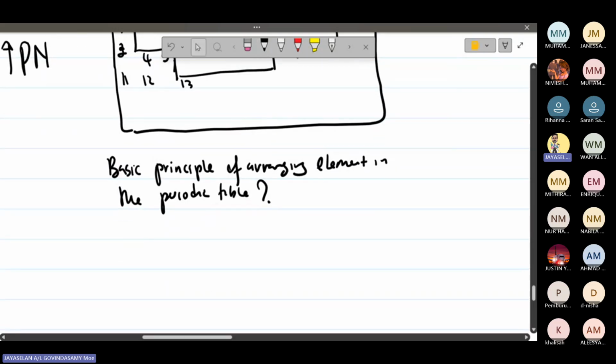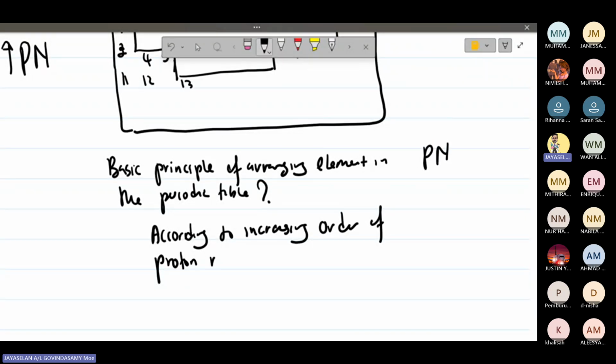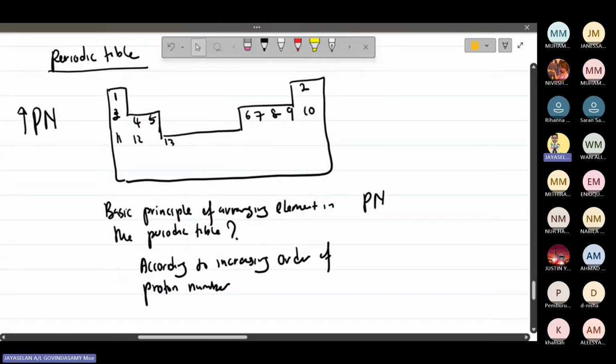So if they ask in the exam, what is the basic principle of arranging elements in the periodic table? You all just put according to increasing order of Pn. What is Pn? Proton number. This is the first question you must memorize for the periodic table. Ini kamu dah belajar masa Form 1 Science. Any question? No question.